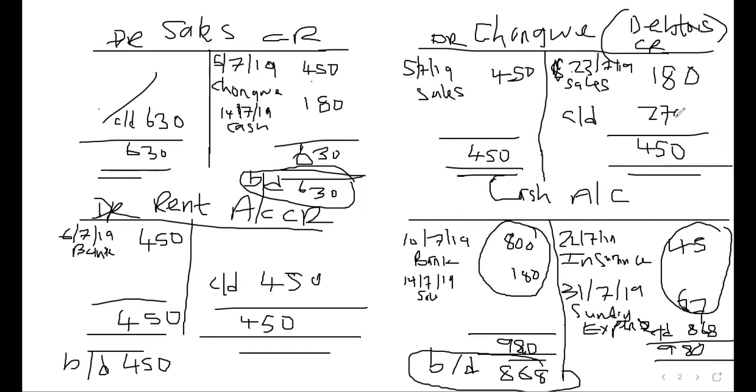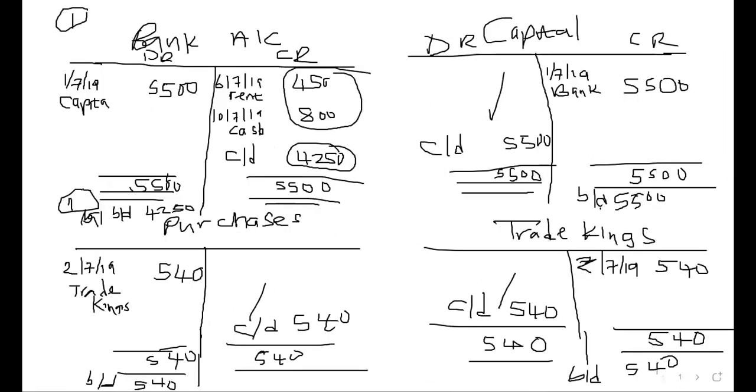That is how much they're supposed to give us, because they retained goods of 18. So 270 as well brought down on this one. The carried down is the balancing figure, because the total debits and credits are supposed to reconcile in every transaction.